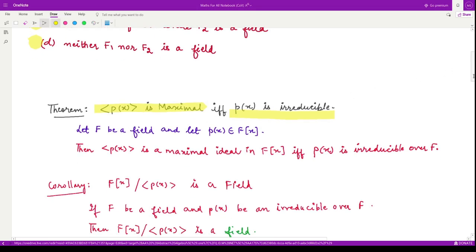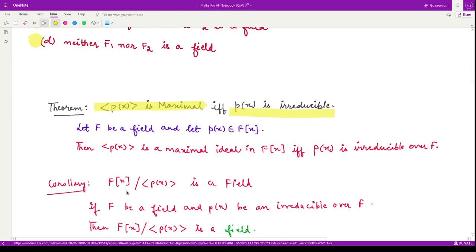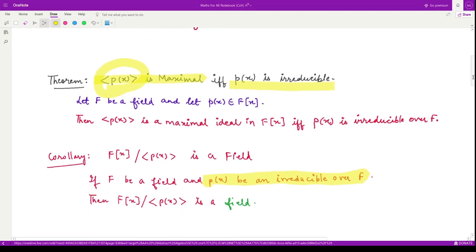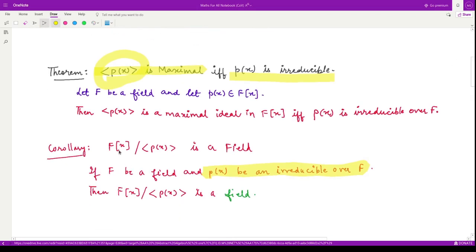Moreover, if we have an irreducible polynomial over a field F, that means the coefficients of the polynomial are taken from the field F, then the ideal generated by this polynomial is maximal, and the polynomial ring divided by this ideal forms a field. So this is the result.